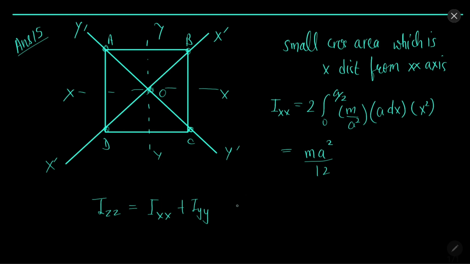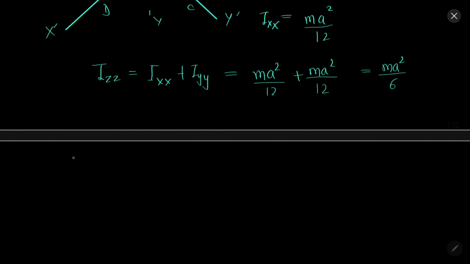So by the perpendicular axis theorem, we will obtain ma square by 12, and similarly like Ixx, Iyy will be ma square by 12, so Izz will be ma square by 6. After this, Izz will also be equal to Ix dash x dash plus Iy dash y dash. Why? Because it is also perpendicular to both of these.